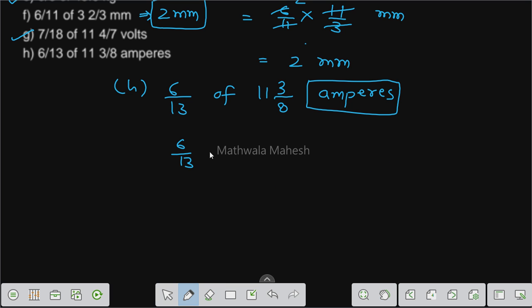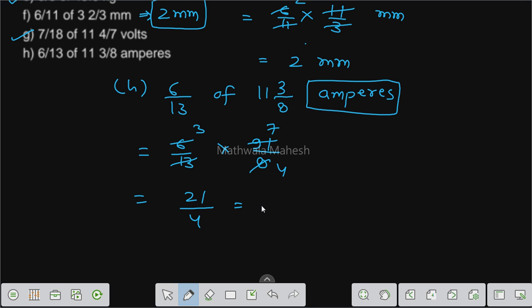6 by 13 into 11 and 3 by 8, it is 88 plus 3, 91 upon 8. So 13 times 7 is 91, and if we divide by 2, then we will get 3 and 4. So 3 into 7 is 21 upon 4.